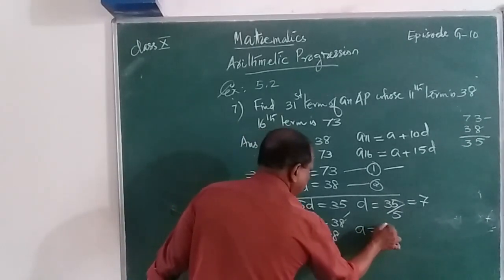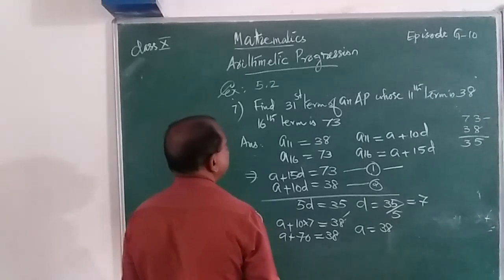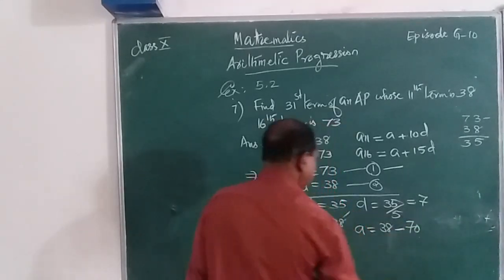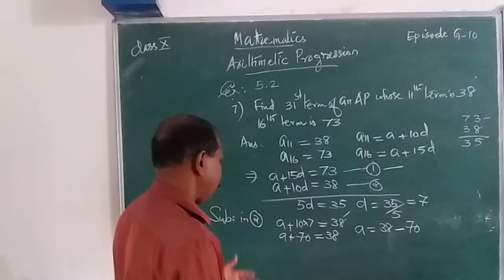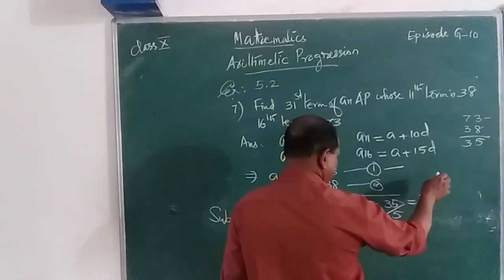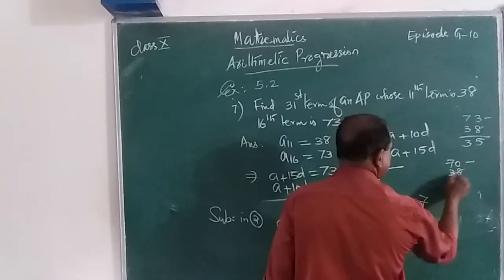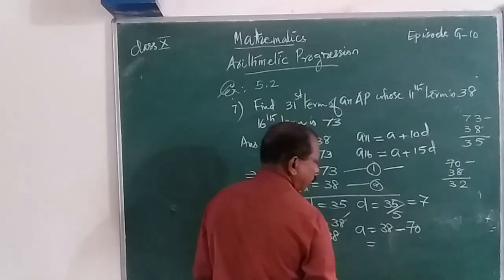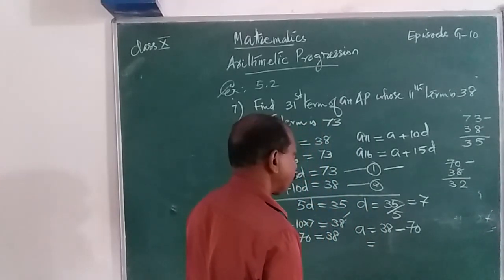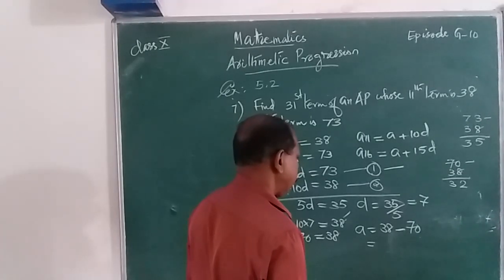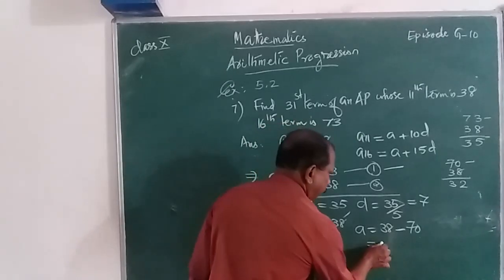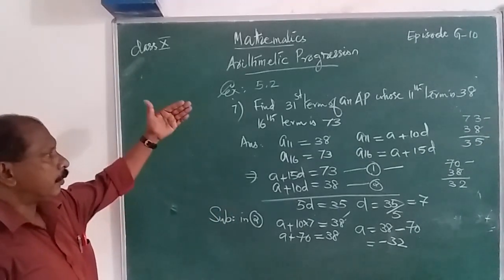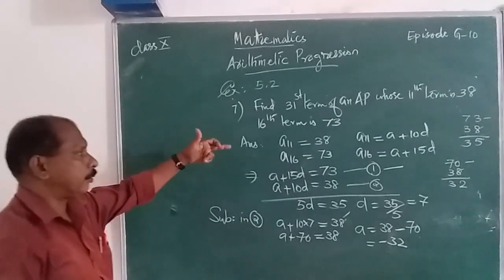Therefore, A is equal to 38 minus 70, that is minus 32. Clear?